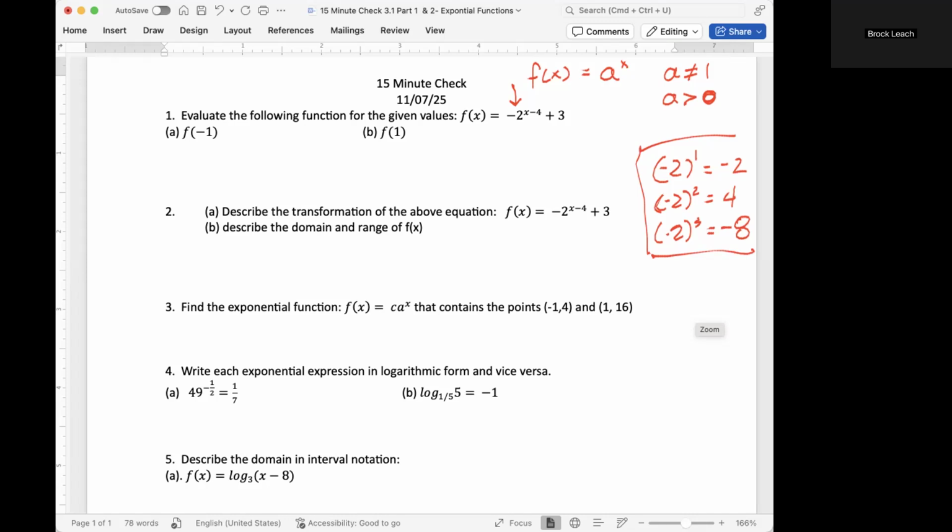Am I violating the rule that my base a cannot be negative with the way this particular function is written? The answer is no. But why is that? Why am I okay with that negative being in front there?